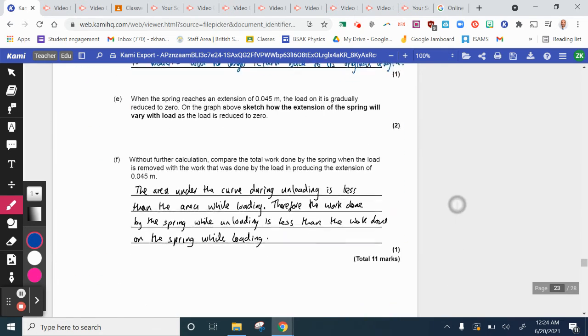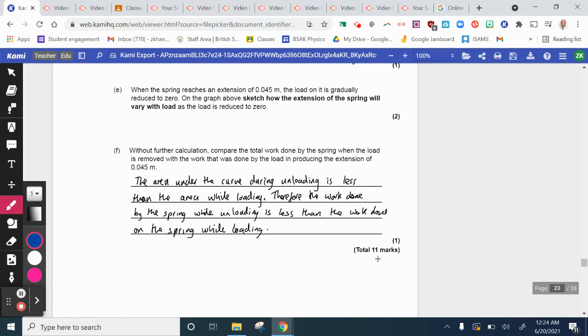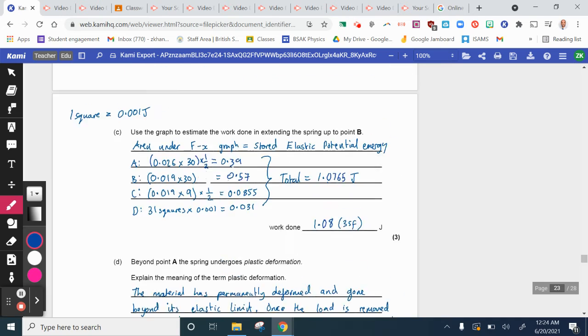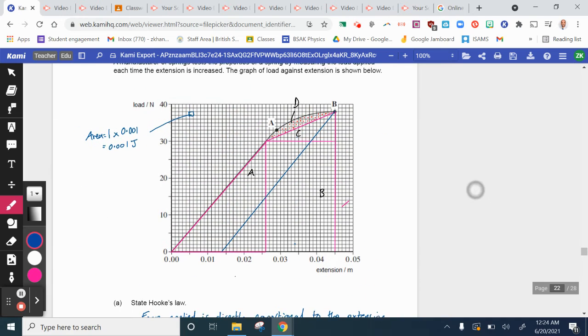Right, the next part: without further calculation, compare the total work done by the spring when the load is removed with the work done by the load in producing the extension of 0.045 meters. So where is 0.045 meters?